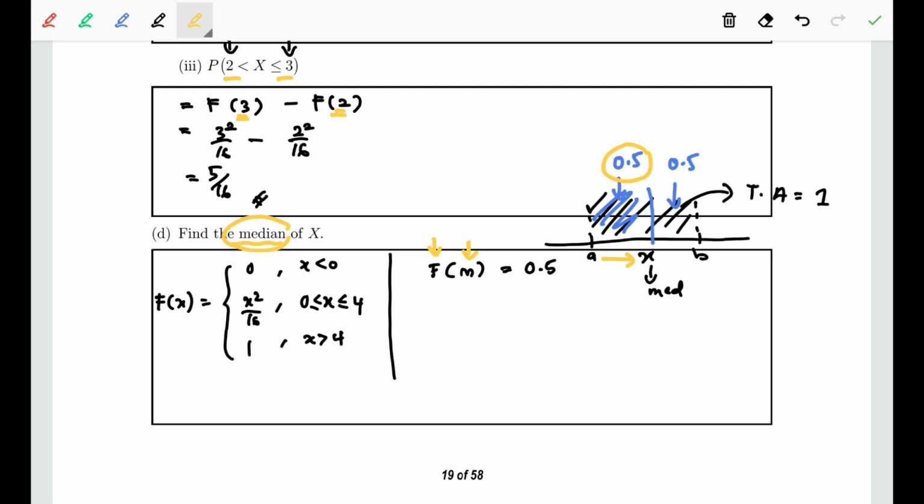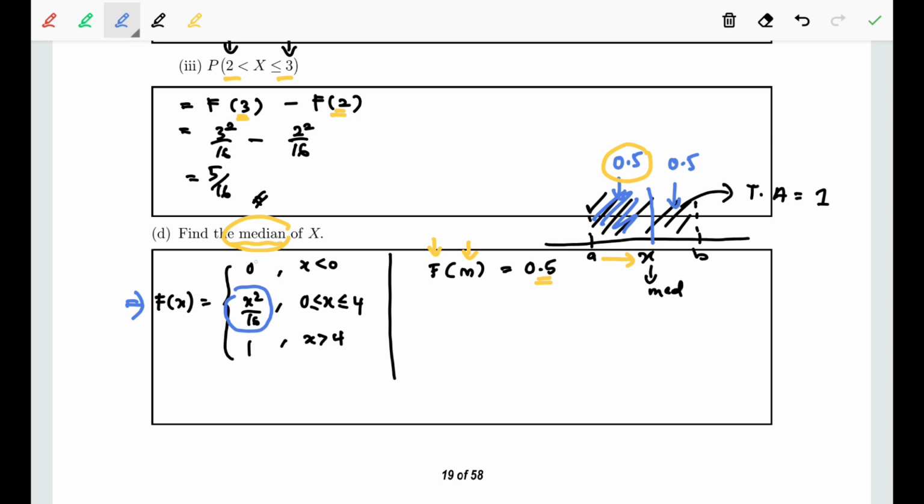We accumulate from the beginning until the value of x, which is m here, equals 0.5. Since we have already found the CDF, we are going to find the median using the CDF, not the PDF. It's a different way. Now you have to check the pieces of the CDF.